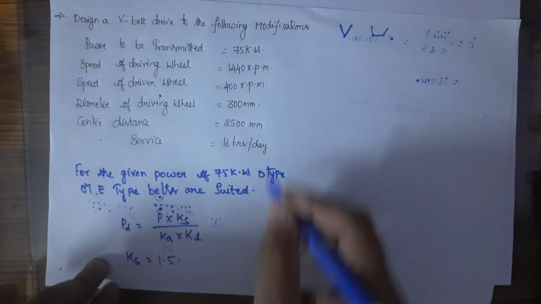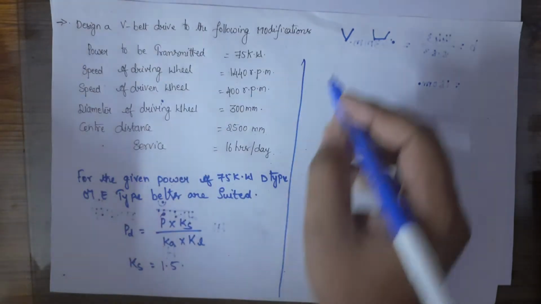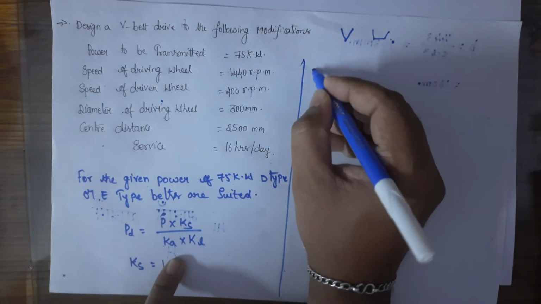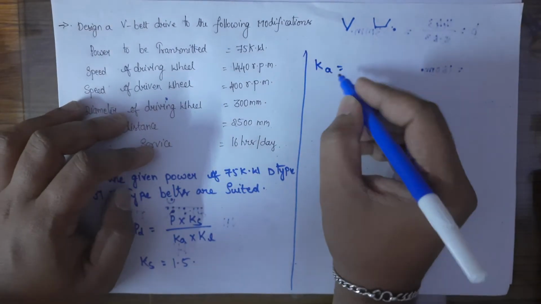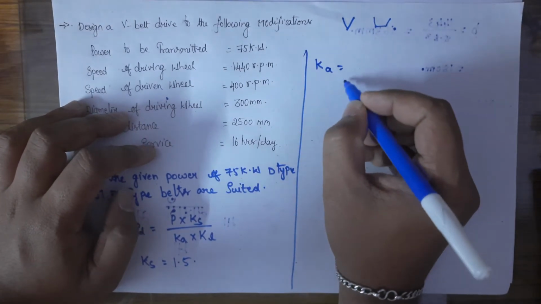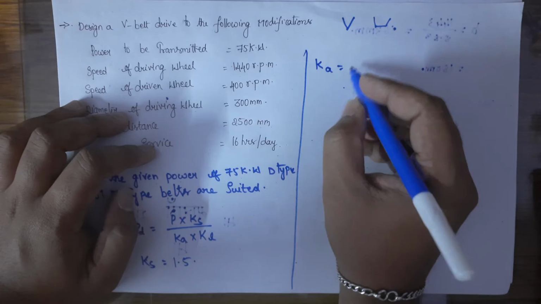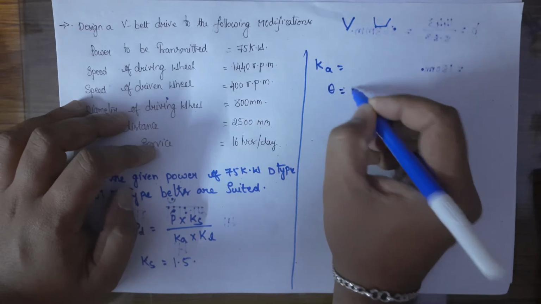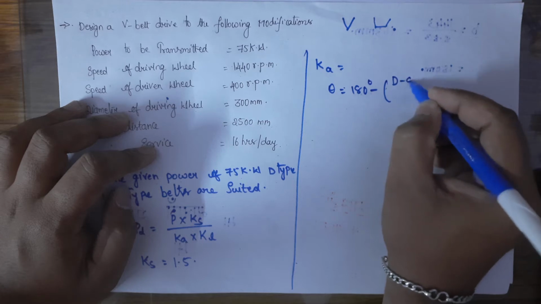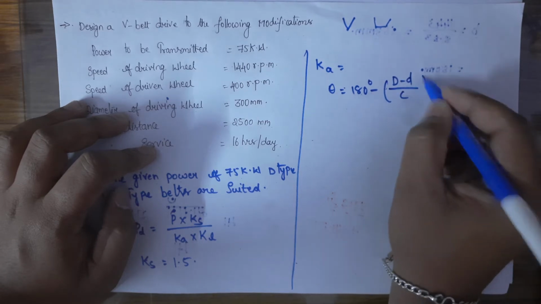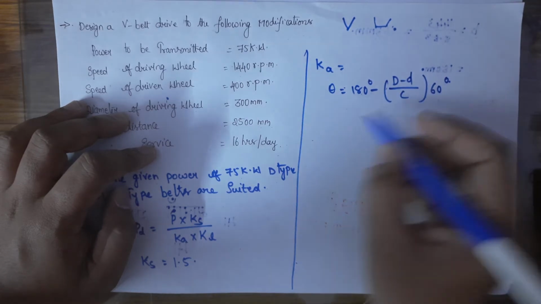Next we have to select the Ka, that is the arc of contact factor. So for the arc of contact we have to find out, that is 180 minus (D minus d) by C into 60 degrees.